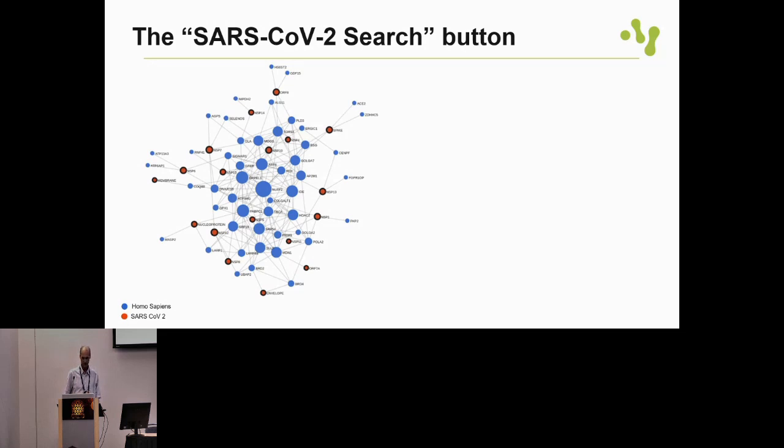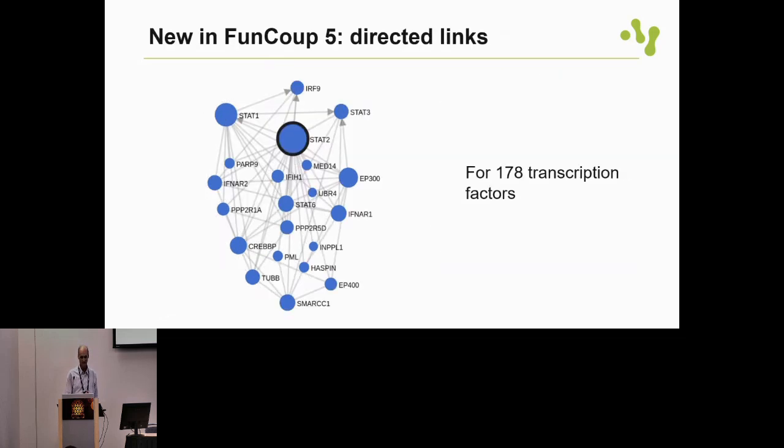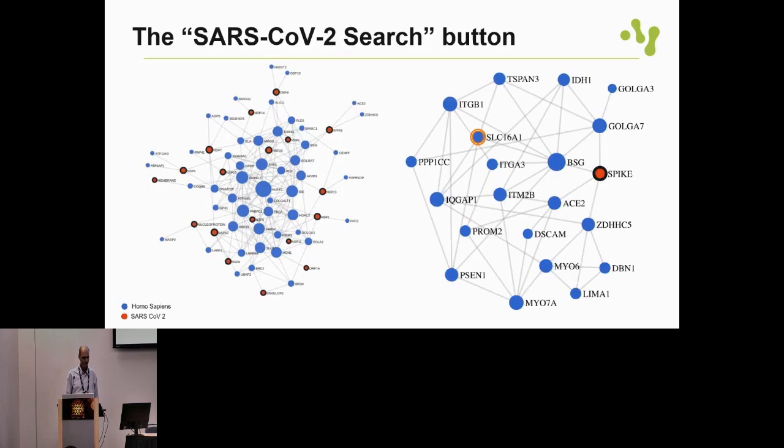But you can use this in a couple of different ways. For instance, look at the spike protein, which is known to be the viral protein that attacks the human cell. It's known to bind to these 4 genes.